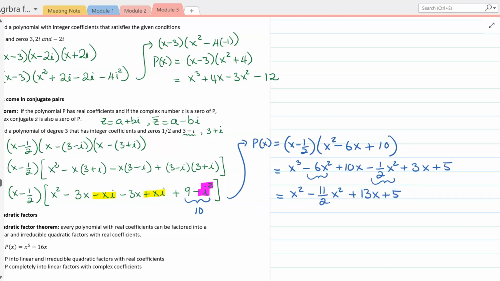Now we wanted to have integer coefficients, but here we have 11/2, which is a rational number. So in order to get integer coefficients, we multiply the entire polynomial by 2. So this is 2x to the third minus 11x squared plus 14x plus 10.